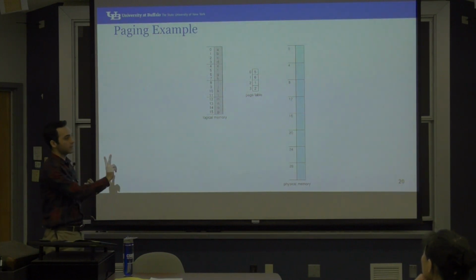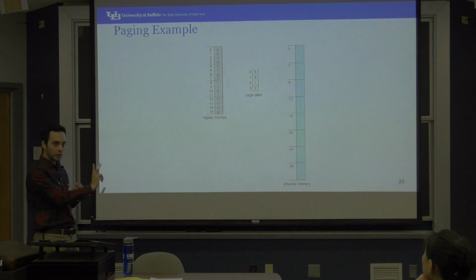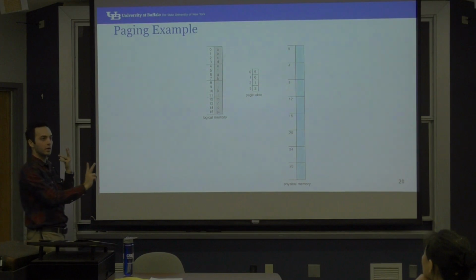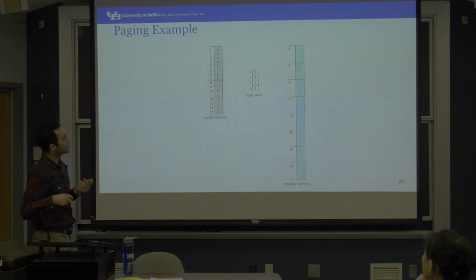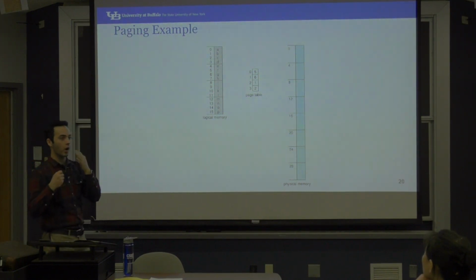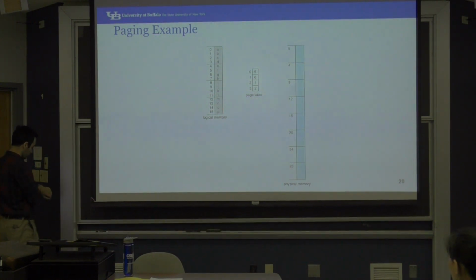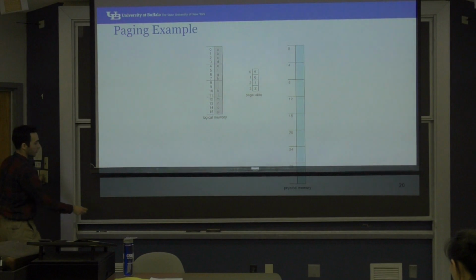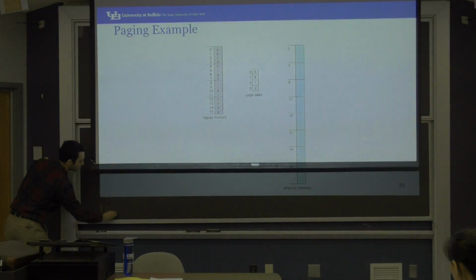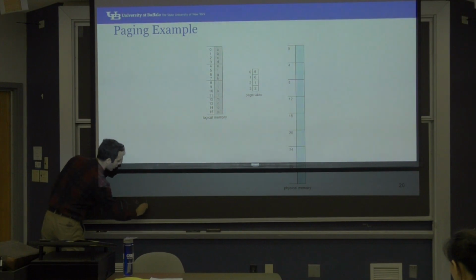So 2 bits define the offset within each page. Then the rest of the bits, again 2 bits, define the page index. So when we have 9, 1001, this is going to be the offset.